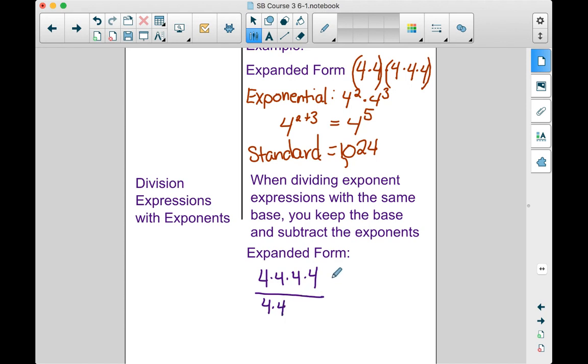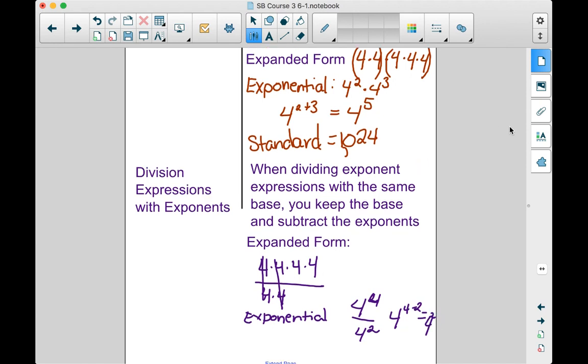If I were to write that now in exponential form, and you can try to do this before I do, it would be 4 to the power of 4 over 4 to the power of 2. My numerator, my denominator. Now I could take this, and they cancel, but instead of doing all of that work, I could just say 4 to the power of 4 minus 2, which is the same thing as saying 4 to the power of 2.